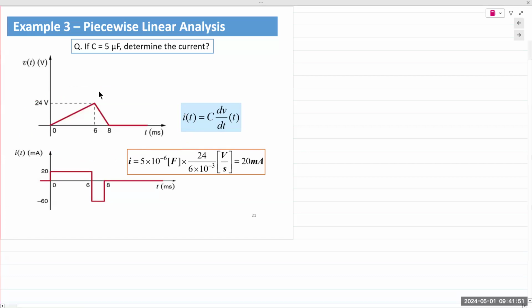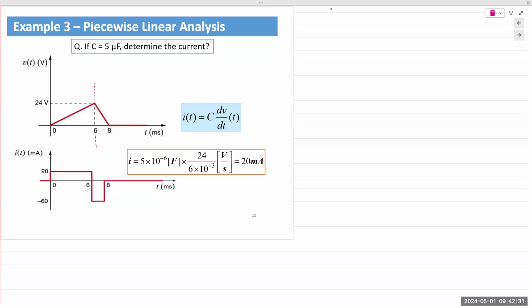There is no mathematical equation given to us, and there is no way to describe this waveform. So what we do is we break this up into individual pieces, and each piece has a linear relationship with time. So this technique is also known as linear piecewise analysis. If I break up this input quantity between 0 to 6 and 6 to 8, each piece is a straight line. It's a linear piece, and hence linear piecewise analysis.